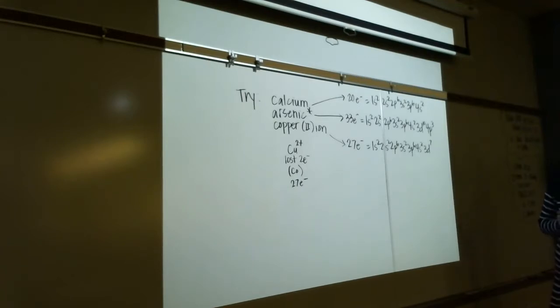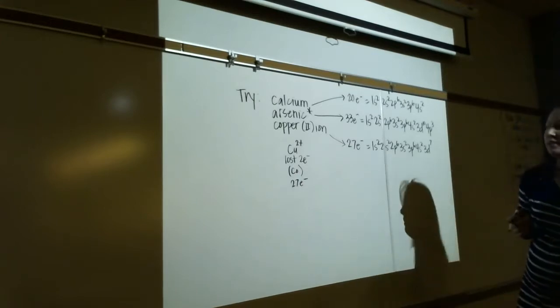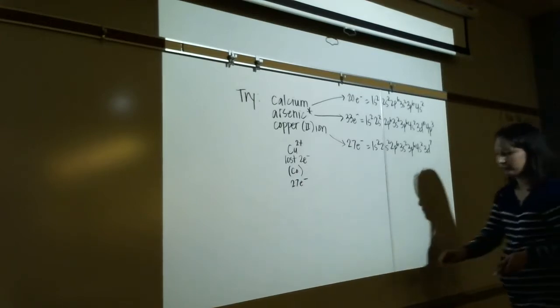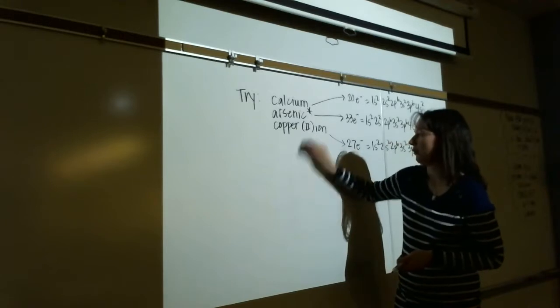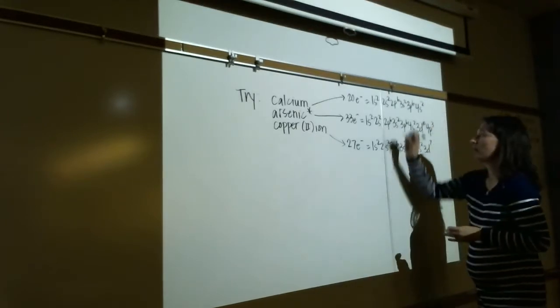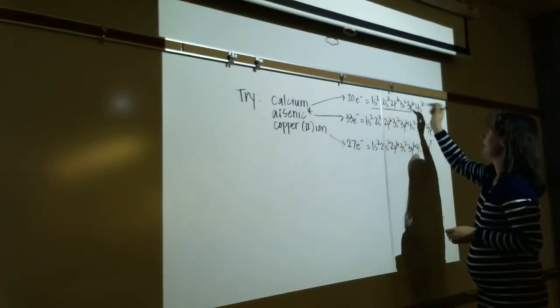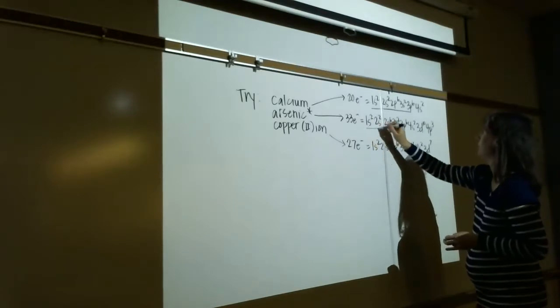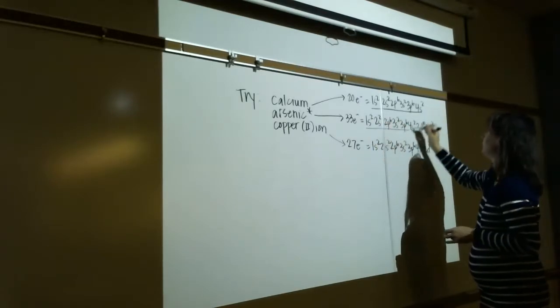So the only thing to worry about with ions, if you're using the periodic table, is if you've added electrons, you got to count further on the periodic table, right? You got to count less on the periodic table if it's a cation. Now, are you noticing some severe redundancy here? Do you feel like you're writing the same stuff over and over and over again? All of these have this part in common.